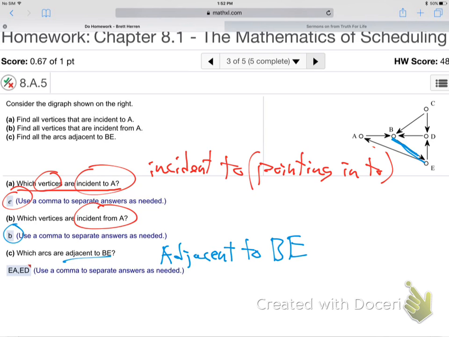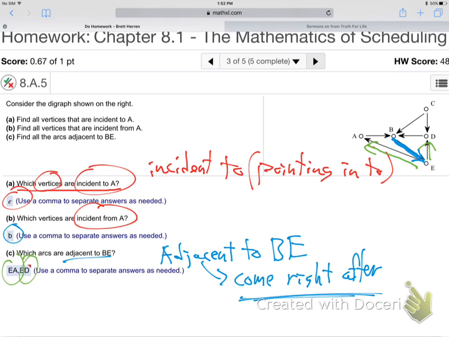So yeah, see how ED and EA both come after the arrow BE. So it just means what comes right after. So adjacent means come right after.